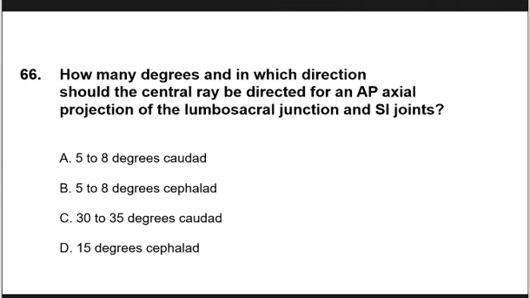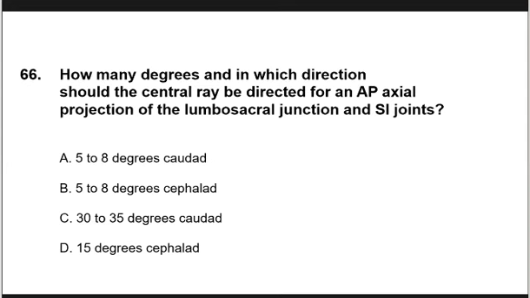How many degrees and in which direction should the central ray be directed for an AP axial projection of the lumbosacral junction and the sacroiliac joints? So I repeat, for the demonstration of the lumbosacral junction, what film size do we use here?